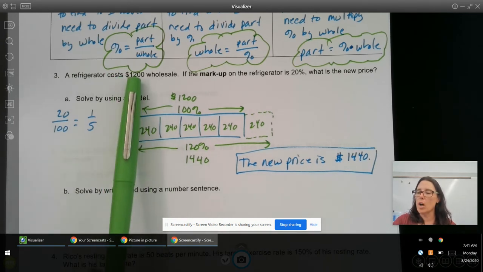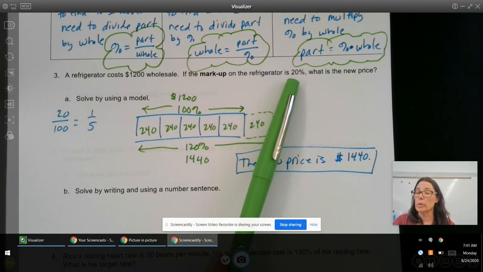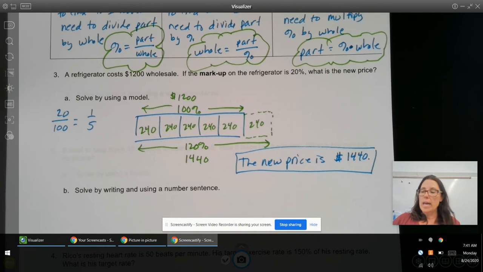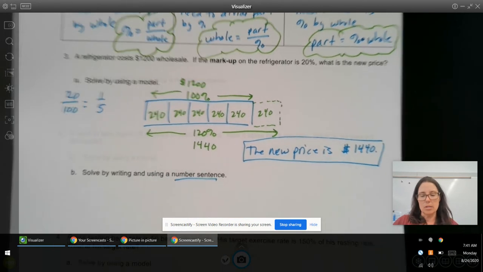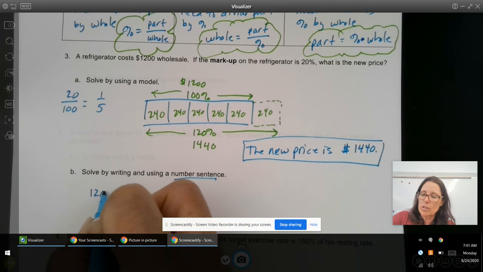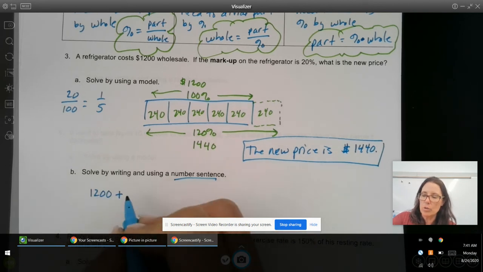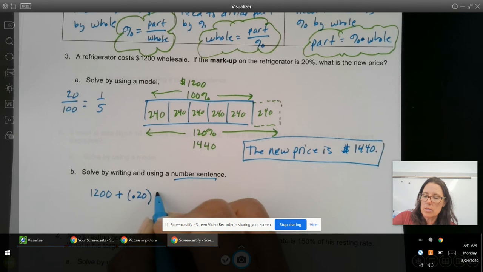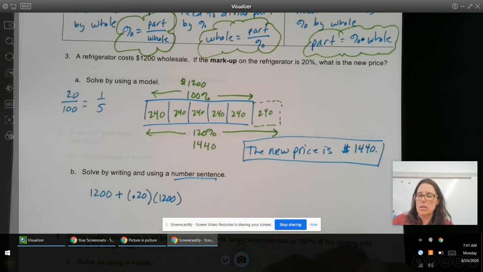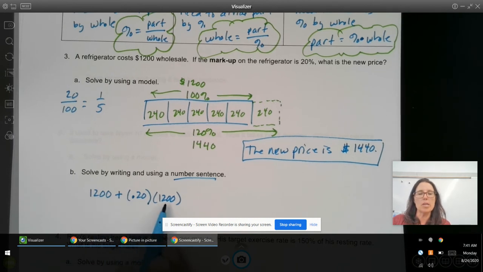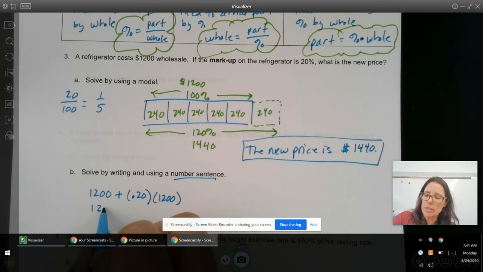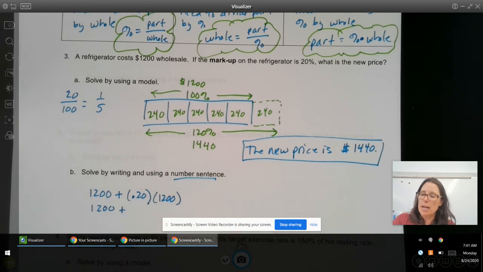If we have 100% cost of something and we want to add on 20%, we're really looking at 120% of something. There are a couple ways to do a number sentence. We can start with our $1,200 fridge and add to it 20% of the $1,200. So that's 1,200 plus 240, which gets us 1,440.